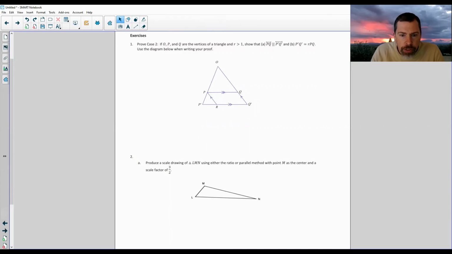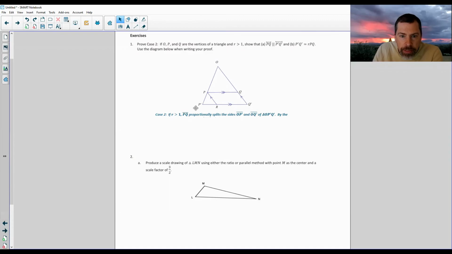Okay, so the first thing we're going to do is, if R is greater than 1, line PQ proportionally splits the sides OP prime and OQ prime of triangle OP prime Q prime. So all that's saying is, if we have a ratio greater than 1, then this side got split.